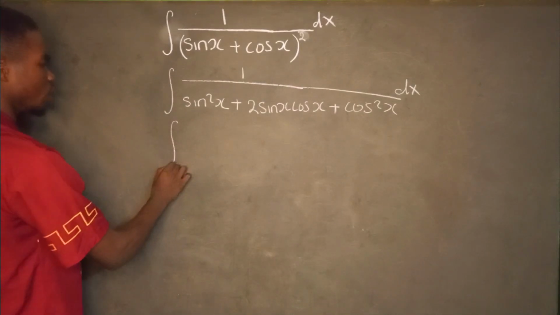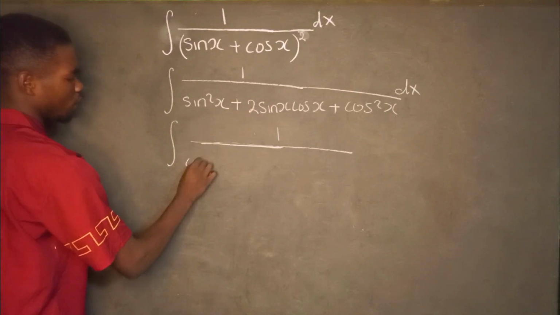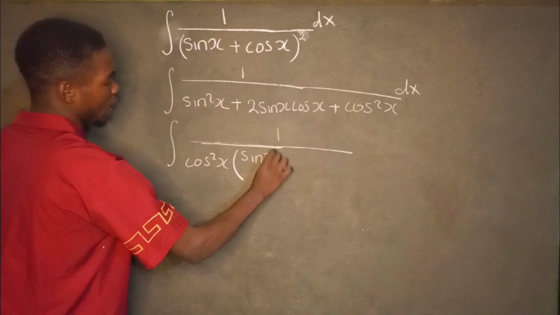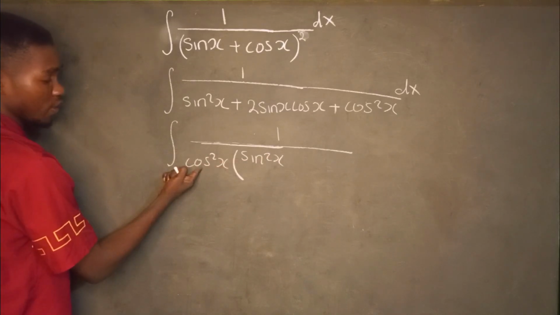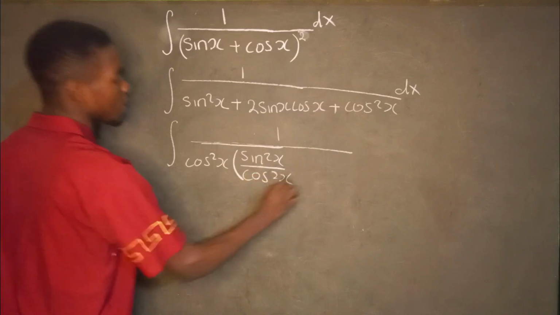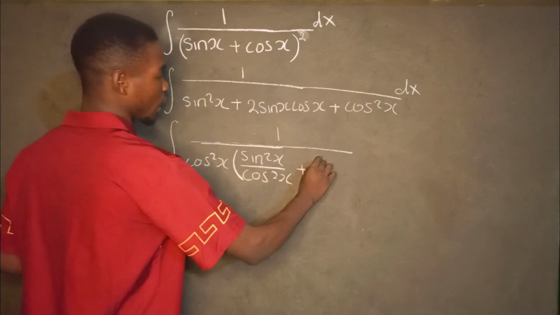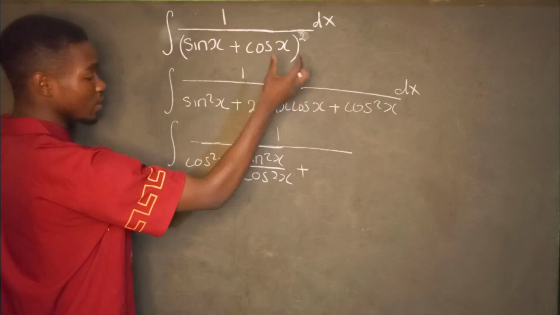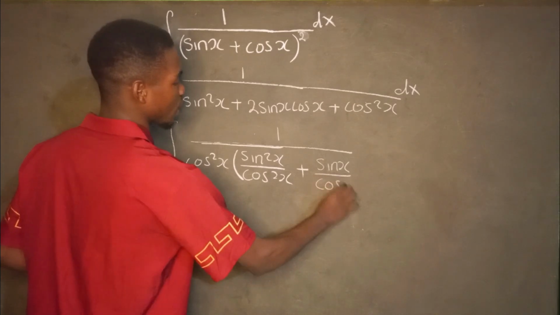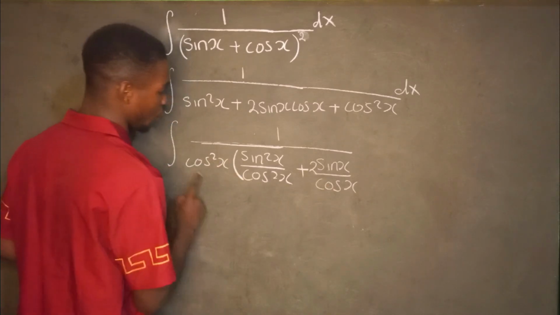So if we do that, we have the integral of 1 over cos squared x times something. If we factor out cos squared x, we're going to have sin squared x divided by cos squared x, because if you multiply this out, the cos squared x cancels and we have back the sin squared x. Then for the middle term, one of the cos x cancels, and we are going to have 2 sin x over cos x, which gives back 2 sin x cos x.